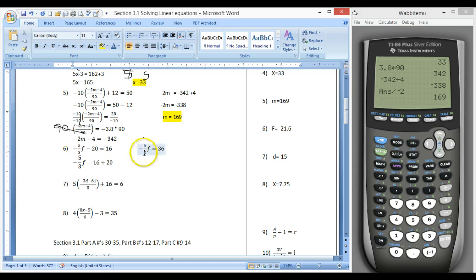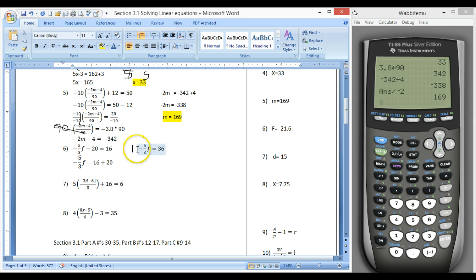Now, how do I get rid of this negative 5/3 times f? Well, that does say times, and the opposite of that would be divide to isolate the variable with everything we've done so far. But we don't ever divide fractions. We always multiply by the reciprocal.